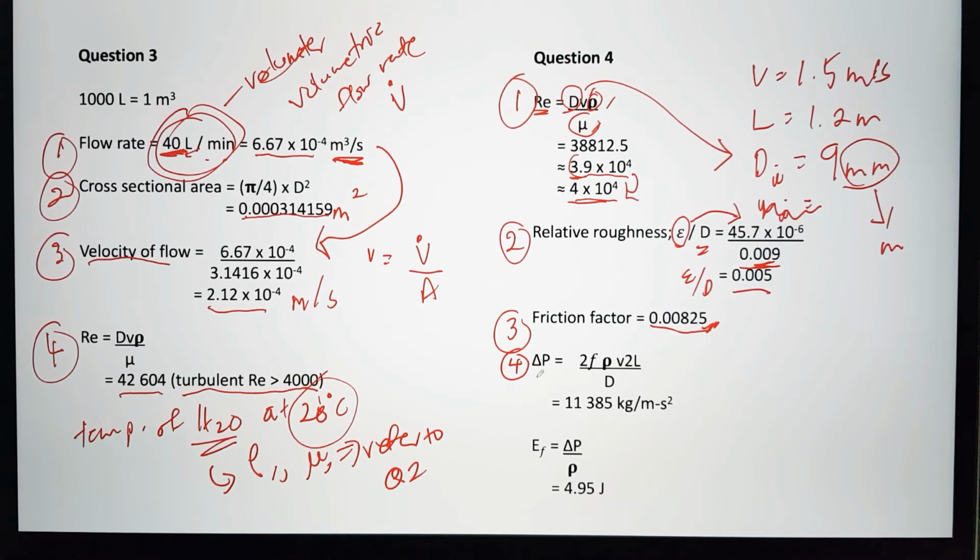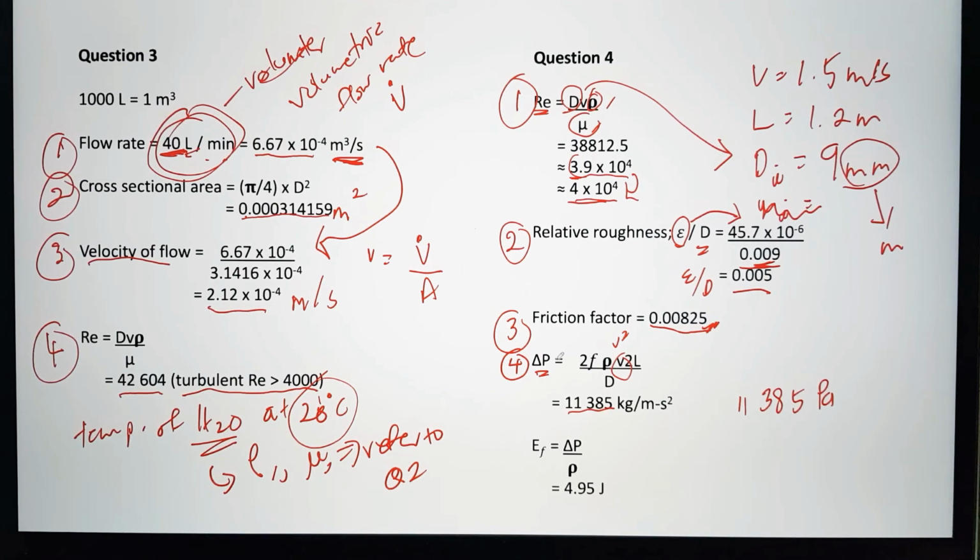For pressure drop, use the correct equation, whereby the equation is 2F rho V, and this is supposed to be V square, times L divided by D. You should be able to get 11,385 kilogram per meter second square, or you can also express this value as 11,385 Pascal. Actually they are the same unit.